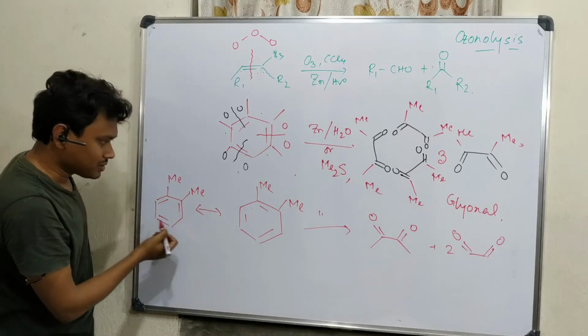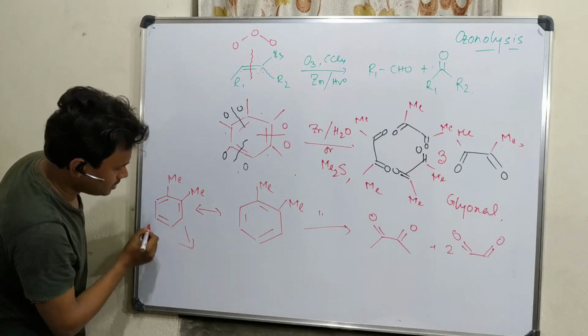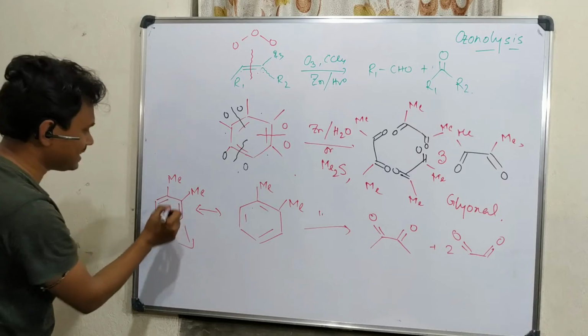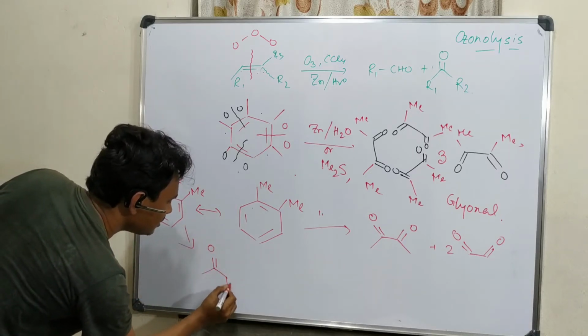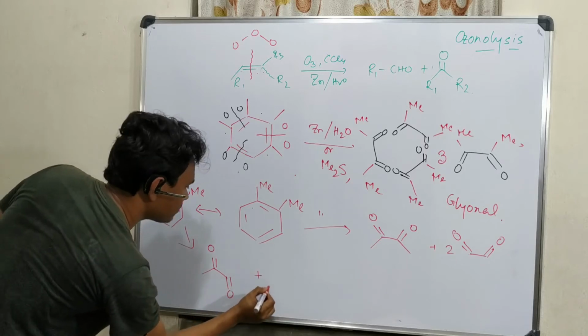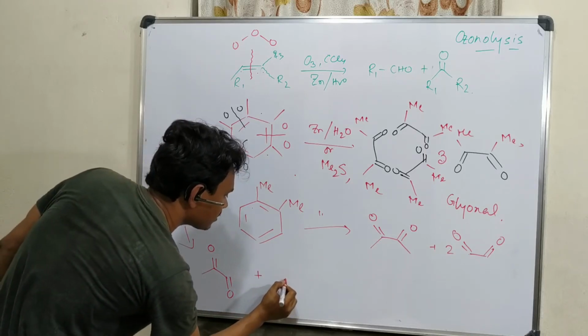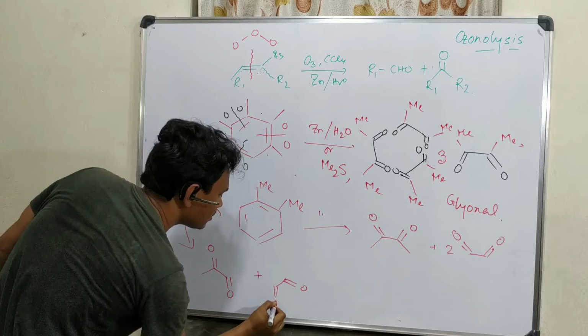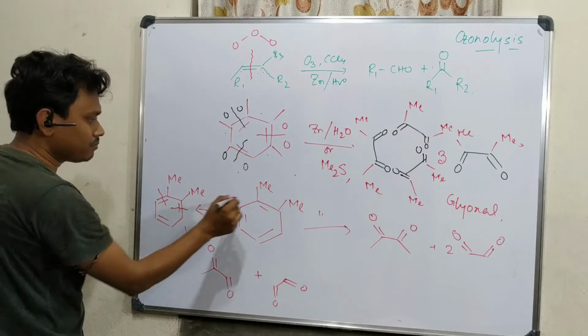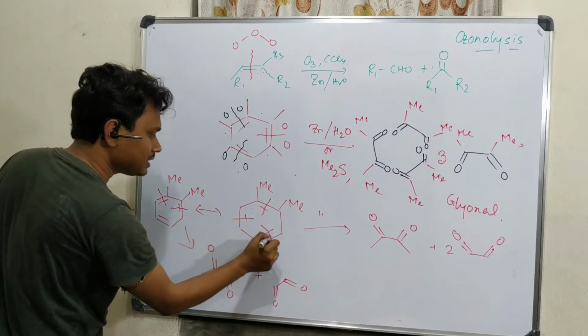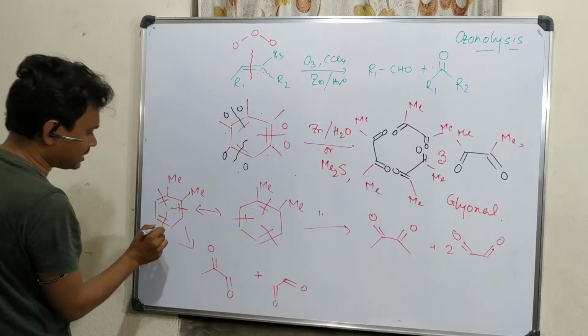So if you consider this, then what will be the product? The product should be like this plus glyoxal. And here is the breakage, previously here, right now here and here.